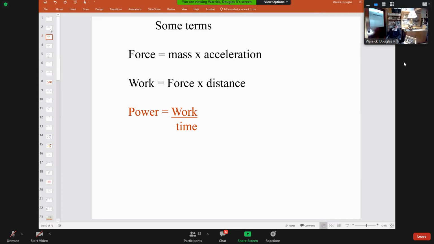But mostly what matters is that I can produce adequate force to hold the coffee cup up. That's just pure force. Yeah, and you really do need to be able to do the work to bring it from here up to here. That's work being done. But again, the rate is kind of irrelevant. It's going to get there.